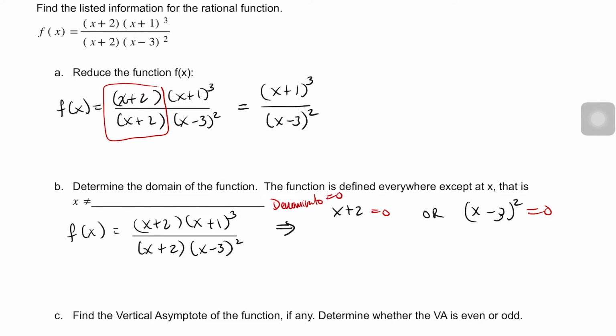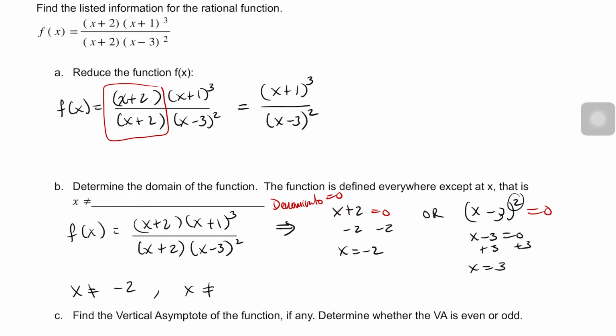In other words, where the denominator is equal to 0, and then we solve for x. Subtract 2 from both sides, x equals negative 2. Because we have a square here, the only way that this whole thing is going to equal 0 is whenever the inside is 0. So add 3, x equals positive 3.